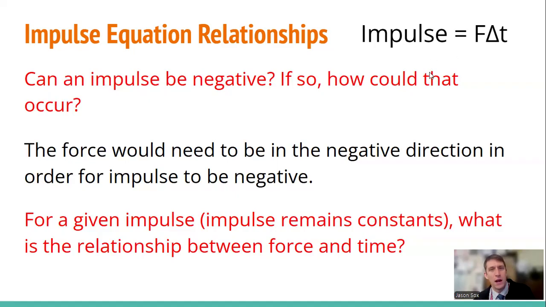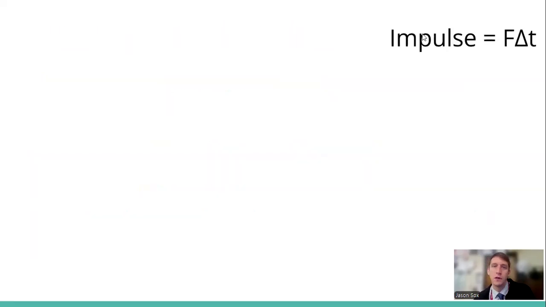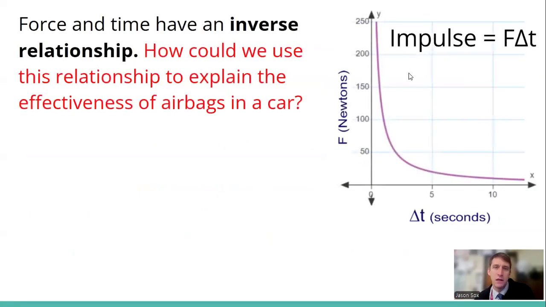So again, using our algebraic relationships here, if this is always 1, and if the force were to increase, well, then what would have to happen to the amount of time to get the same number? Or if the net force would decrease, what would have to happen to this delta t such that we could get the same number over here? And hopefully you can see now that force and time have an inverse relationship.